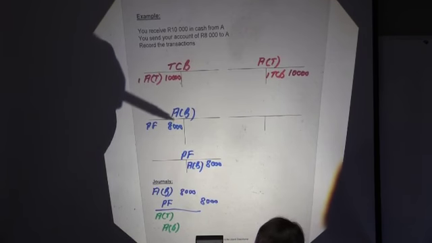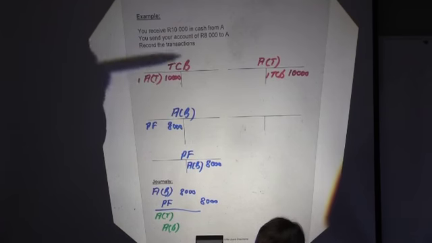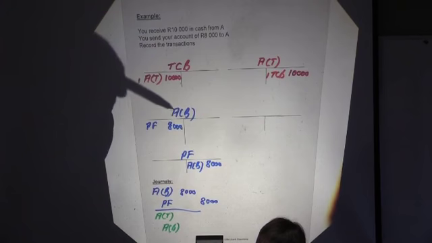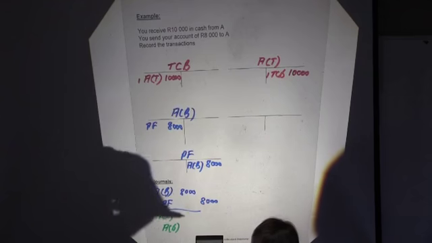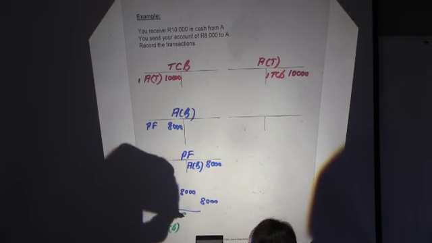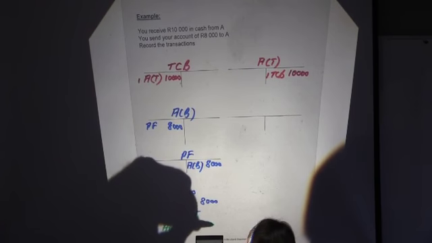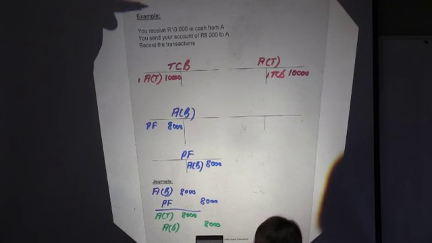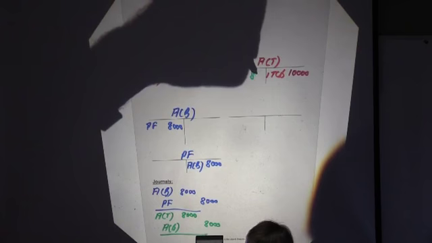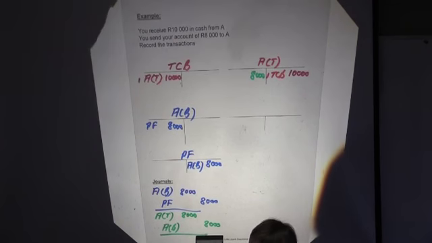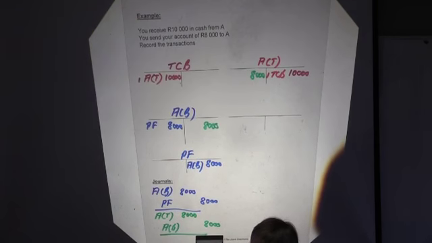The question is now, ladies and gentlemen, what should we take, 8,000 rand or 10,000 rand? In this scenario, there's just an amount of 8,000 rand that A owes me, so we should use that amount. A trust debit 8,000 rand and A business credit 8,000 rand. Let's post that over or book it over. We will debit A trust with 8,000 rand and credit A business with 8,000 rand.